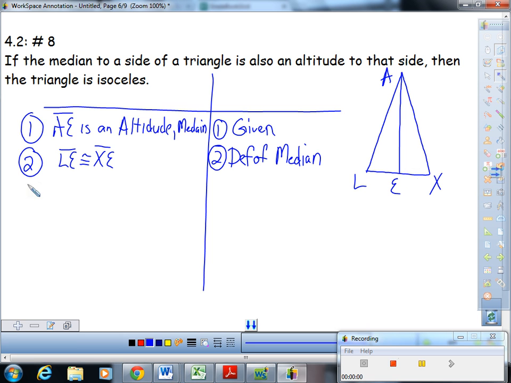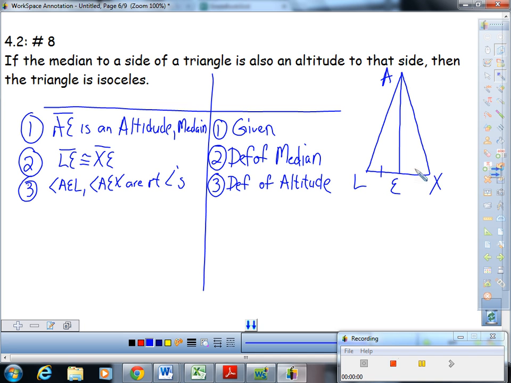So we can say that angle AEL and AEX are right angles, and it's the definition of altitude that tells us that. Bless you. So let's mark this diagram up.